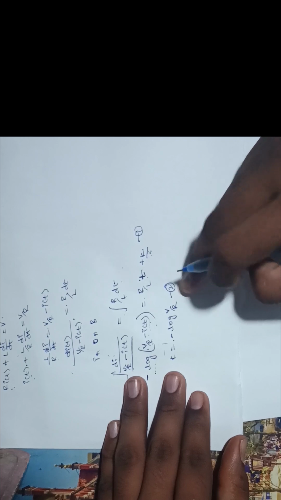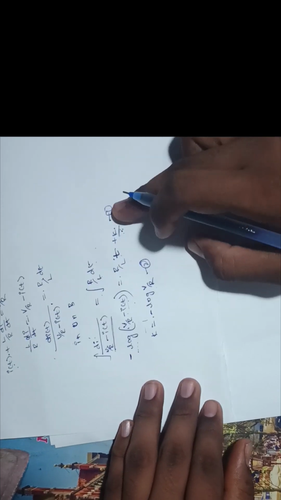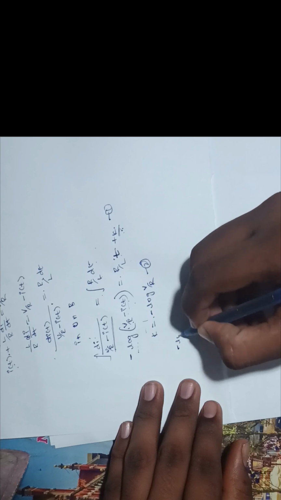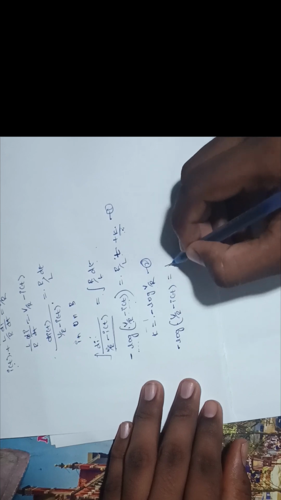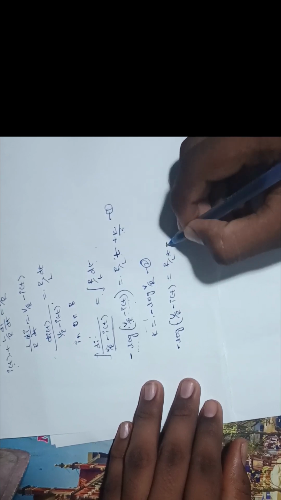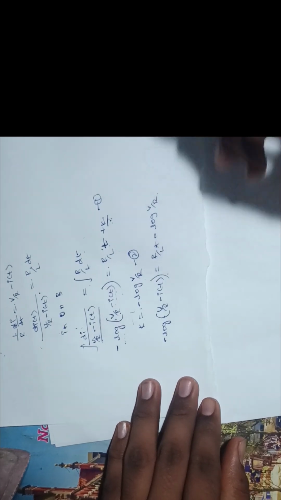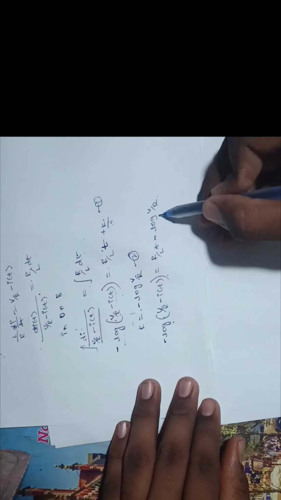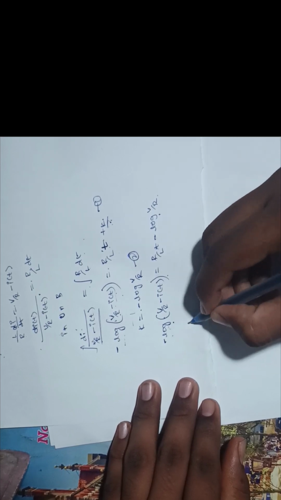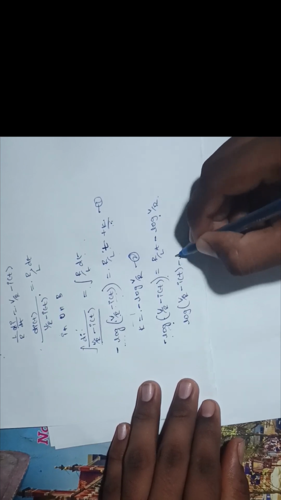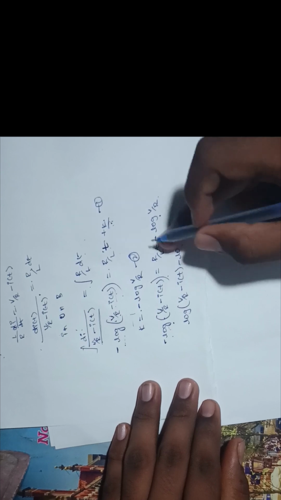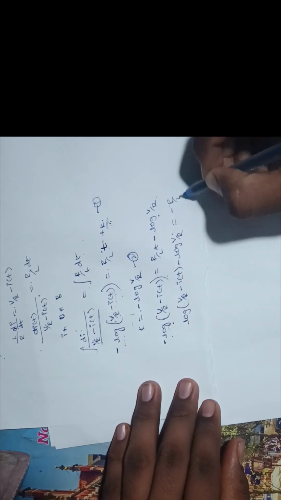Substituting equation 2 into equation 1, minus log (V by R minus i of t) equals R by L t minus log V by R. Moving this log to the other side, it becomes positive: log (V by R minus i of t) minus log V by R, and moving this term across it becomes minus R by L t.